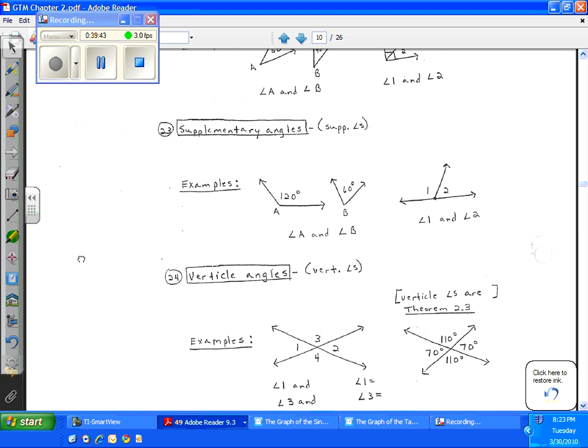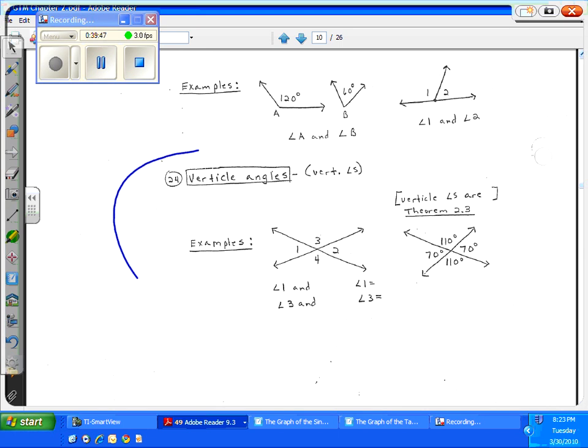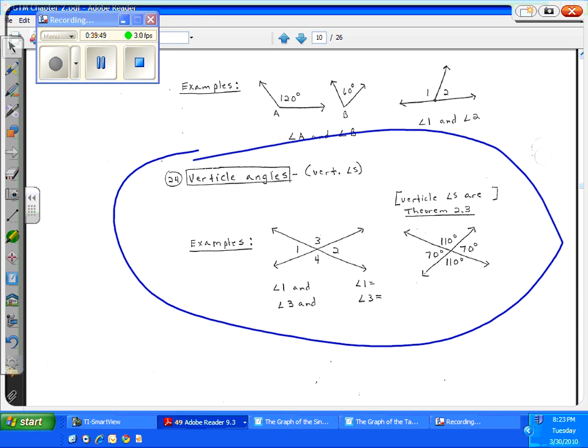So if we go to the next lesson, special pairs of angles, then what we have here is vertical angles. We figure out that angle 1 and angle 2 are equal. Angle 3 and angle 4 are equal.